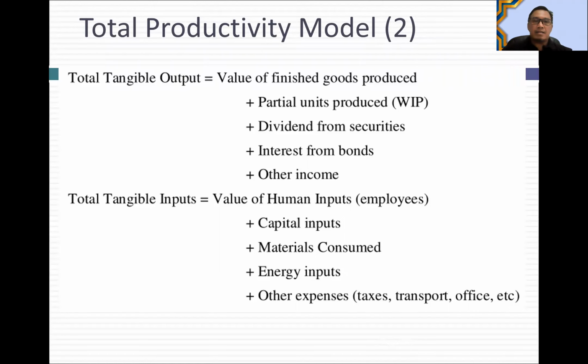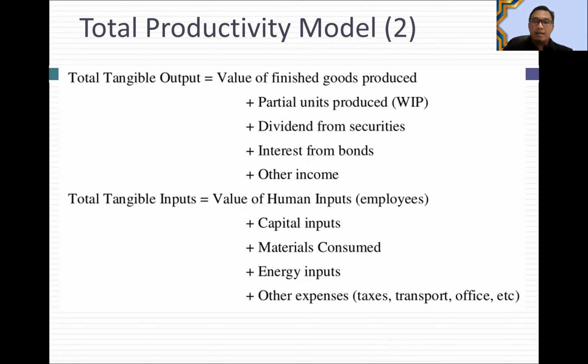The second one that can be considered as total tangible output is partial units produced or work in process. Work in process is actually unfinished product or unfinished goods.